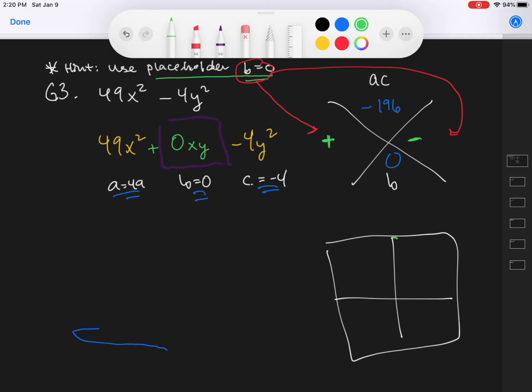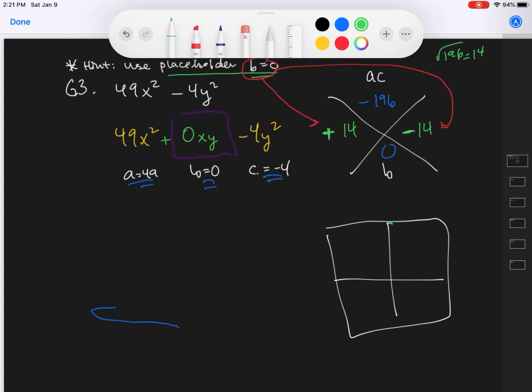Does that make sense? So if you take the square root of 196, I get 14. Okay, so positive 14 and negative 14. Positive 14 times negative 14 is negative 196, and positive 14 plus a negative 14 gives you a 0.